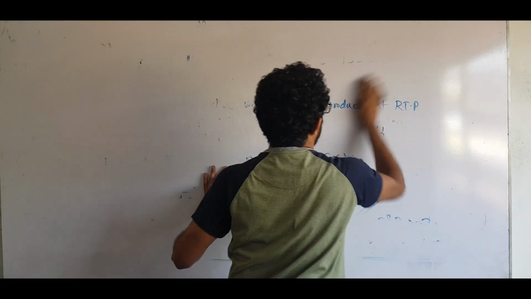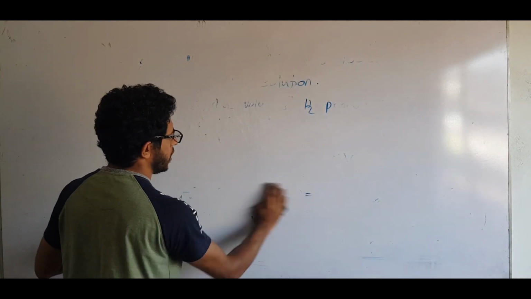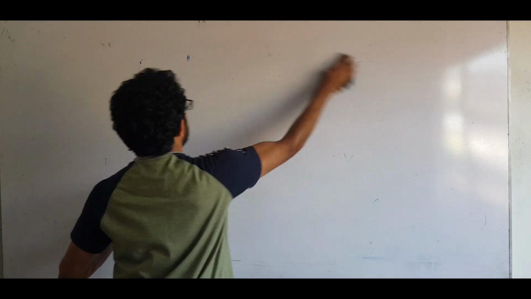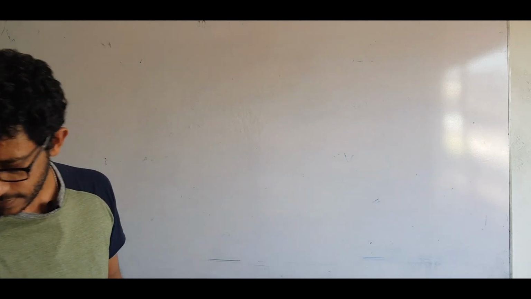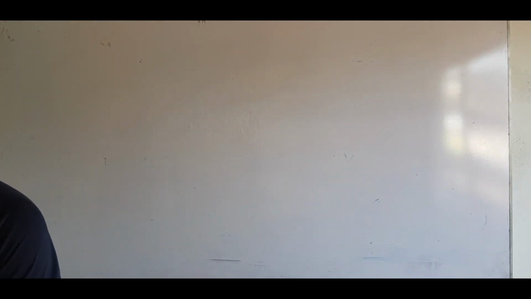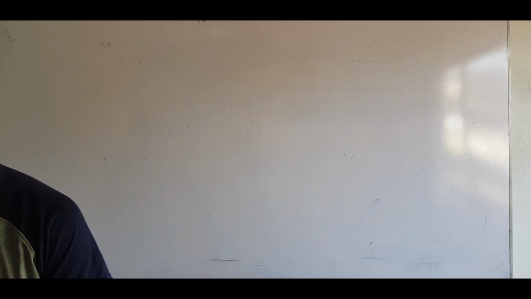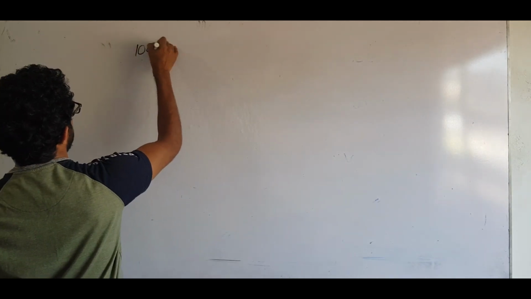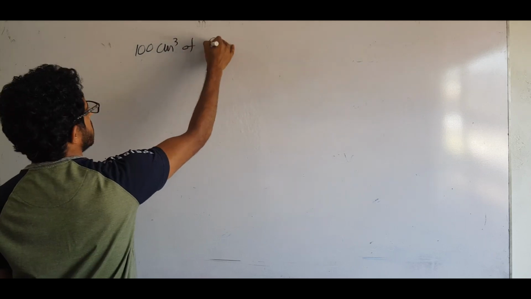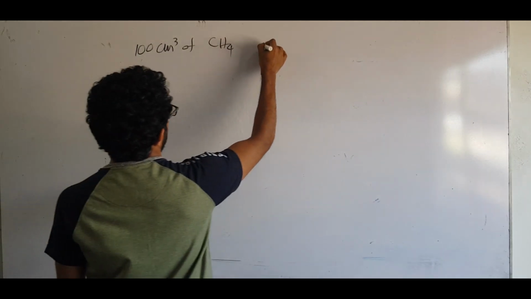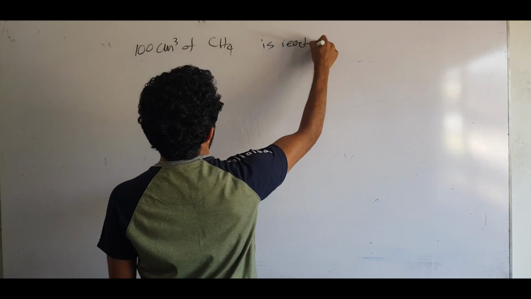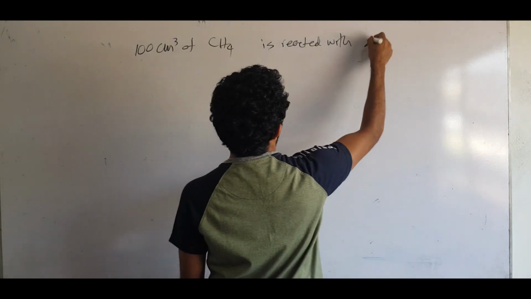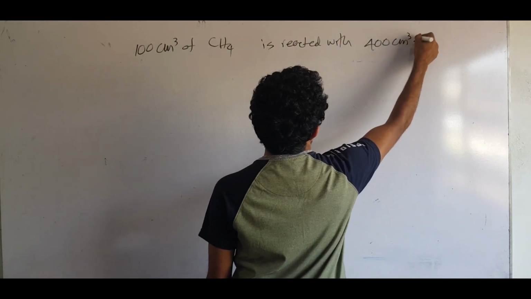So I will show you one, we will do one over here, and we will do one past paper question as well, right. So another question is like this, a very common past paper question type as well. 100 cubic centimeter of CH4, that is methane, is reacted with, let us say, 400 cubic centimeter of oxygen.